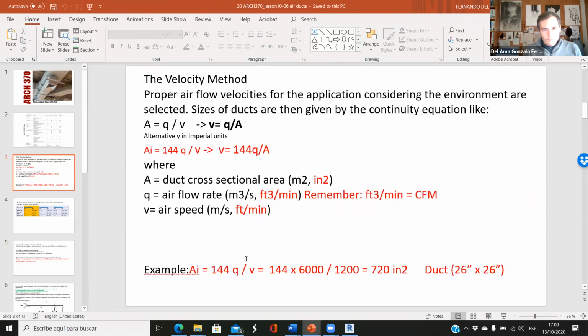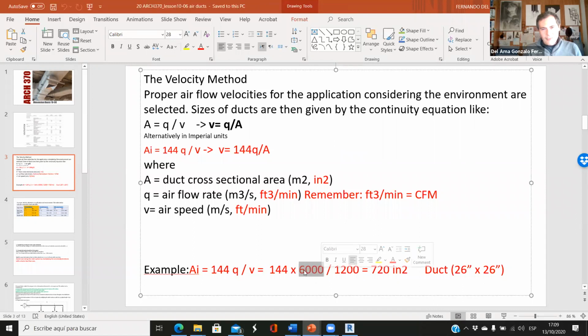So this is what we did. If you remember, our airflow was 6,000 CFM, because we calculated the number of people, and we ended up having 6,000 CFM.